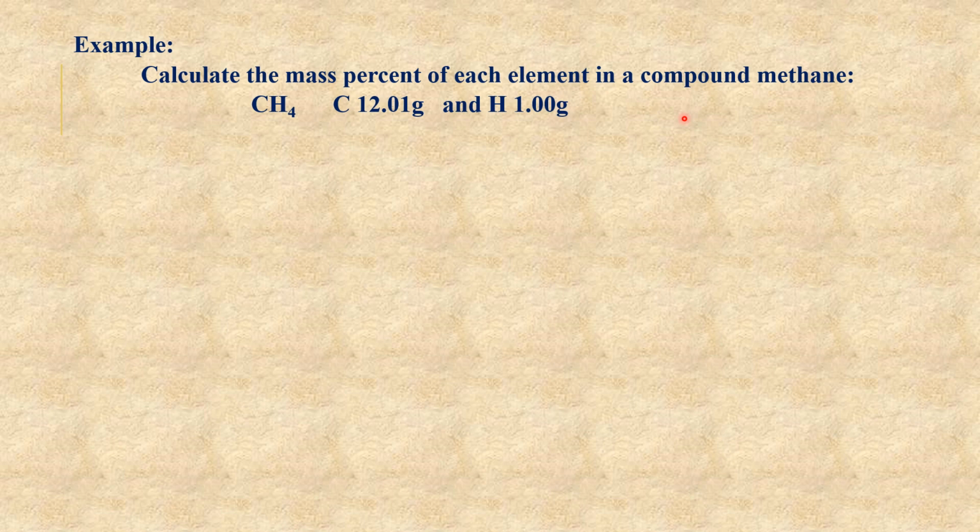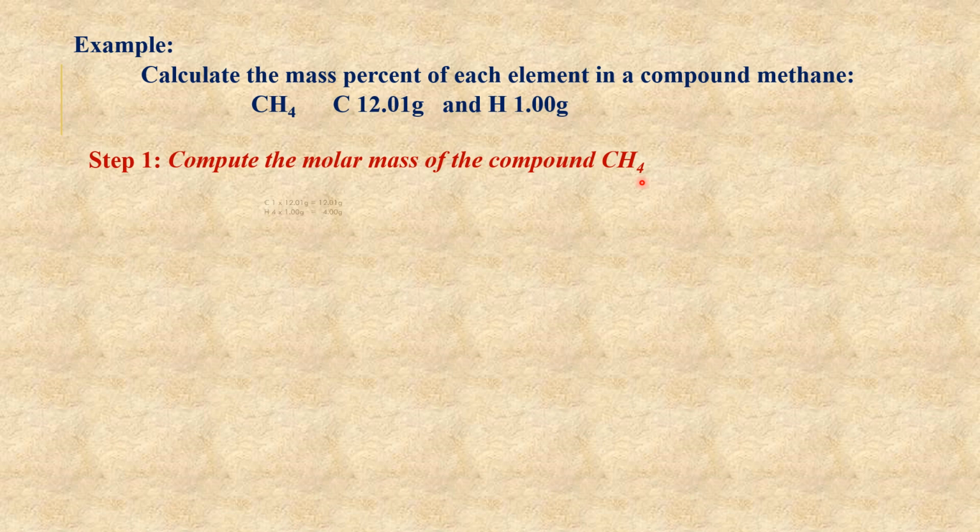Okay, now what will be the first step for us to get the mass percent of each element in a compound? Step 1, we have to compute the molar mass of the compound methane, or CH4. To compute the molar mass, first list down the present elements: carbon and hydrogen.